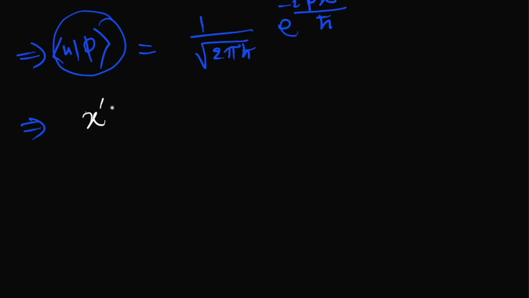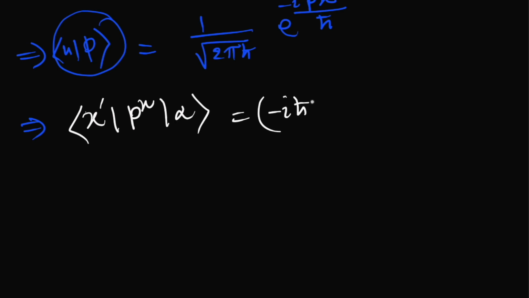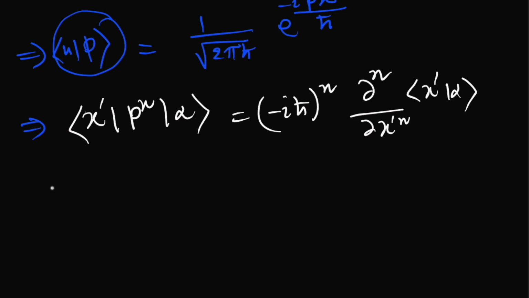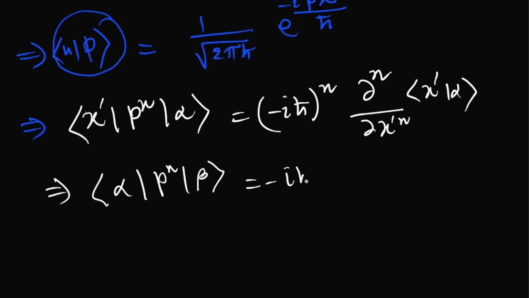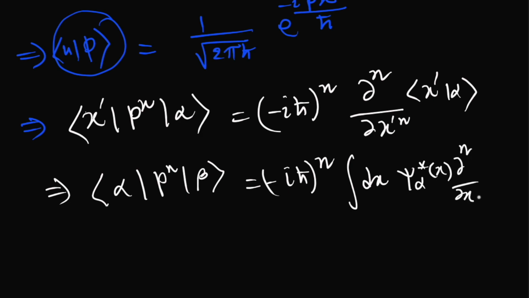That means the value of ⟨x'|p^n|α⟩ is nothing but (−iħ)^n ∂^n/∂x'^n ⟨x'|α⟩. And the value of ⟨α|p^n|β⟩ is (−iħ)^n ∫ dx ψ_α star(x) ∂^n/∂x^n ψ_β(x).